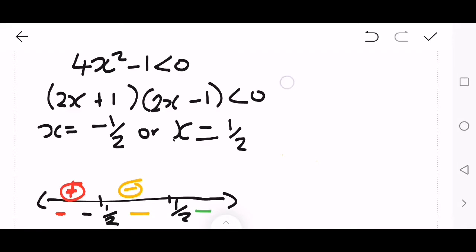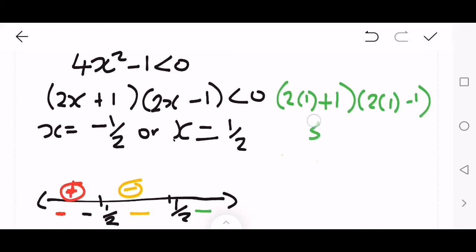So substituting 1, we have 2 into 1 plus 1, and we have 2 into 1 minus 1. 2 times 1 plus 1 is 3 times 2 times 1 is 2 minus 1, so that would be 1. 3 times 1 is plus 3. So we have a positive over here.